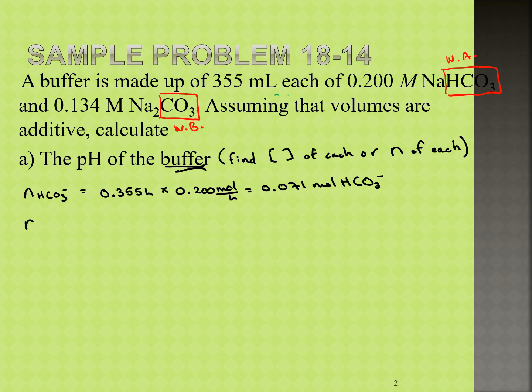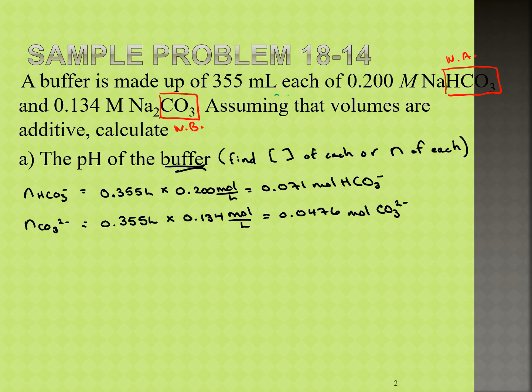Next, we're going to do the same thing for the CO3 2 minus. So again, it is also 0.355 liters, but it happens to be 0.134 moles per liter, and so I get 0.0476 moles of that one there.